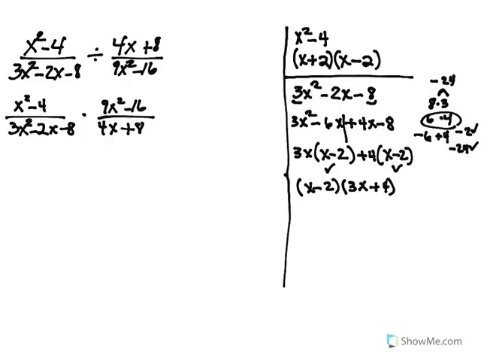I'm going to my second fraction. I have 9x squared minus 16. Again, it's a binomial. We're going to check for a GCF. 9 and 16 have nothing in common other than 1. There's no x common factor, so then you have to see, is this the difference of two perfect squares? 9 is a perfect square, 3 and 3. 16 is also a perfect square, 4 and 4.